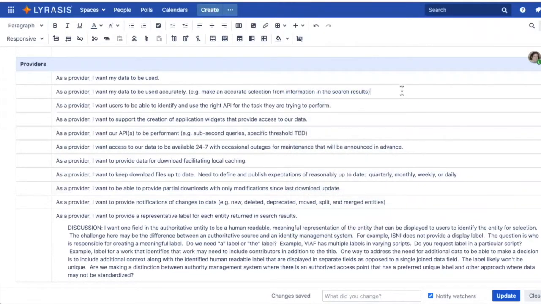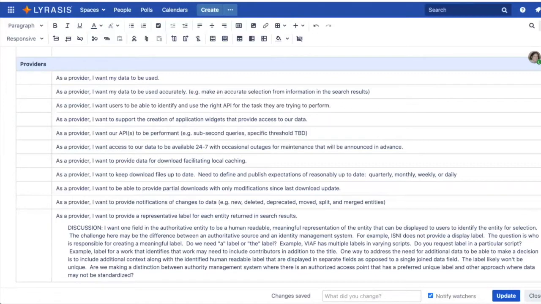And I put an example on the one that says accurately: make an accurate selection from the information in the search results. That sounds good. Thanks. And Lynette, can I ask if in these two user stories, you have in mind also the case where someone uses my data massively, for example, and this can produce some incorrect usage of my server or something like this?